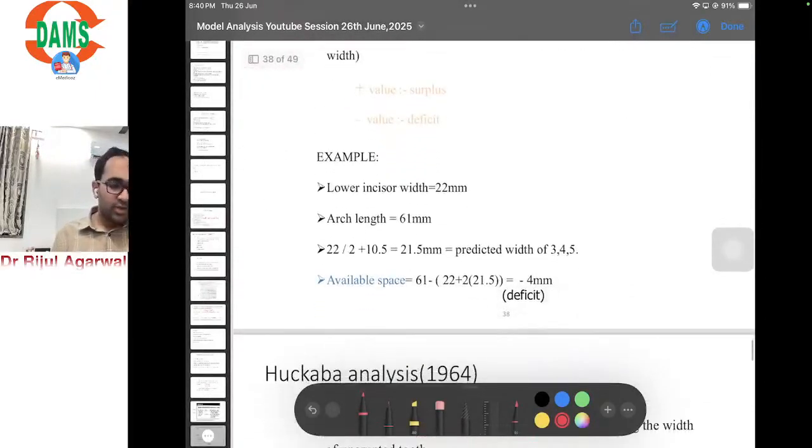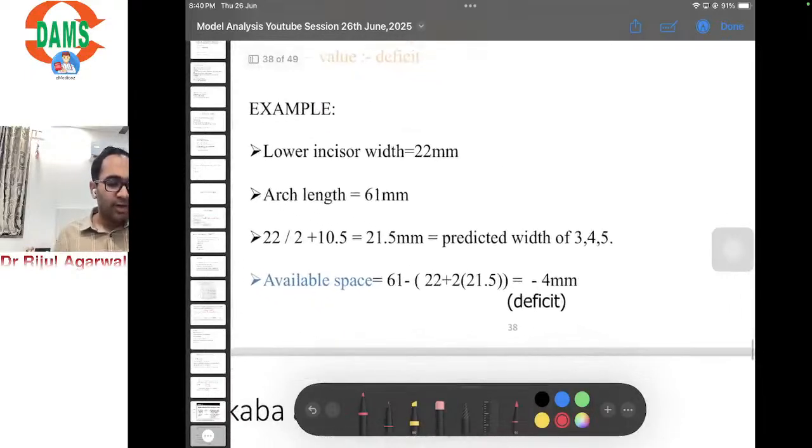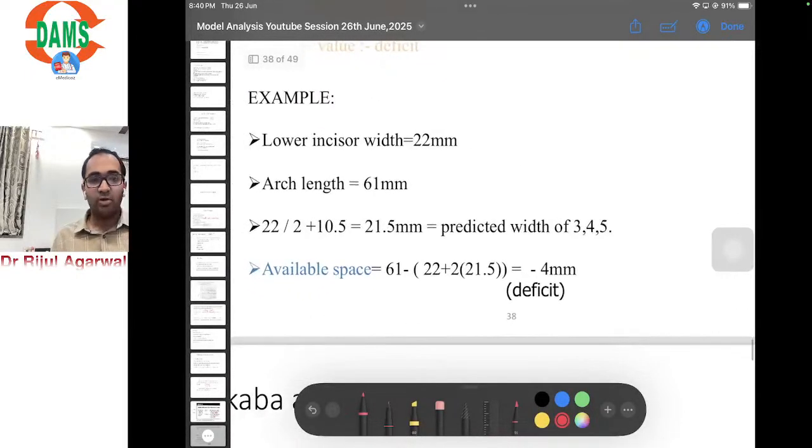Okay, so this is the example. I deliberately took it this time because it came in your exam. Here I took the complete arch length, but you don't need that. Just measure the width of CDE and subtract it from the formula. If it's minus, there is a deficit.